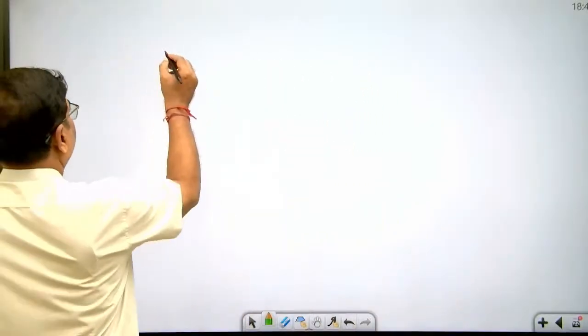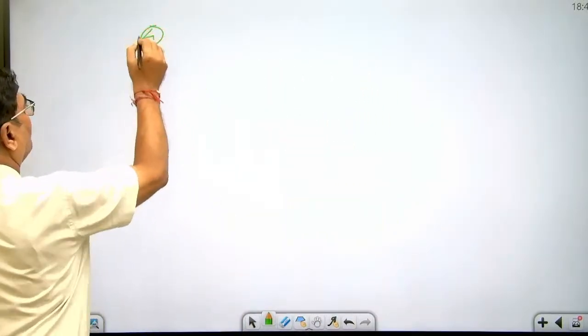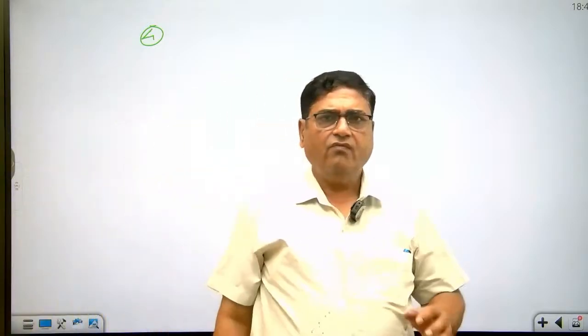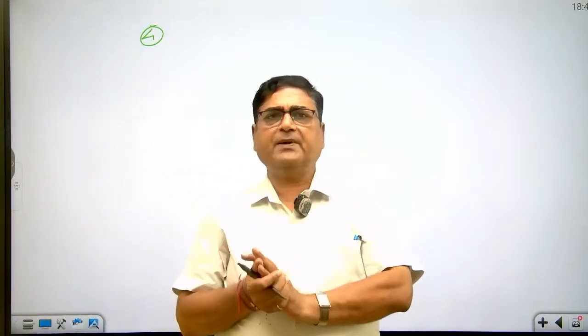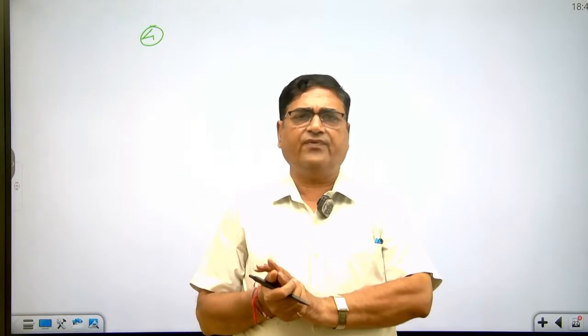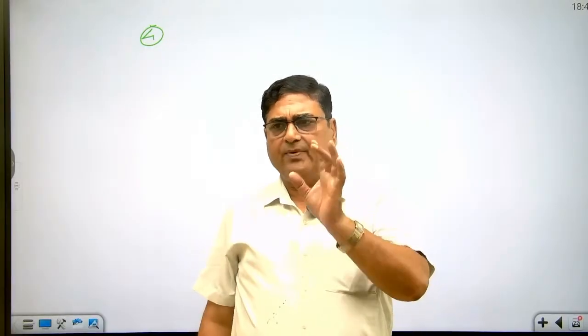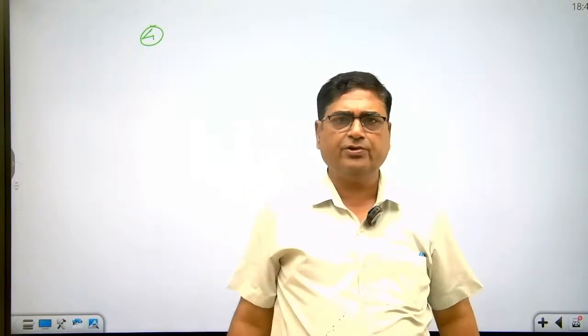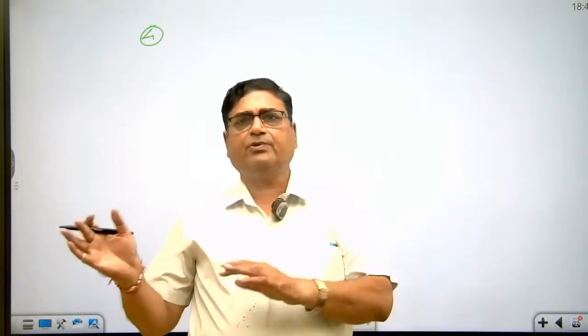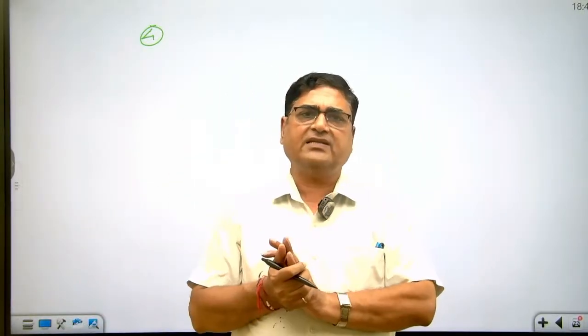Now, dear student, I am telling you a very, very important thing. What happens when a transparent slab is introduced in front of any one slit? The complete interference pattern will get shifted towards that slit in front of which a transparent slab is introduced.